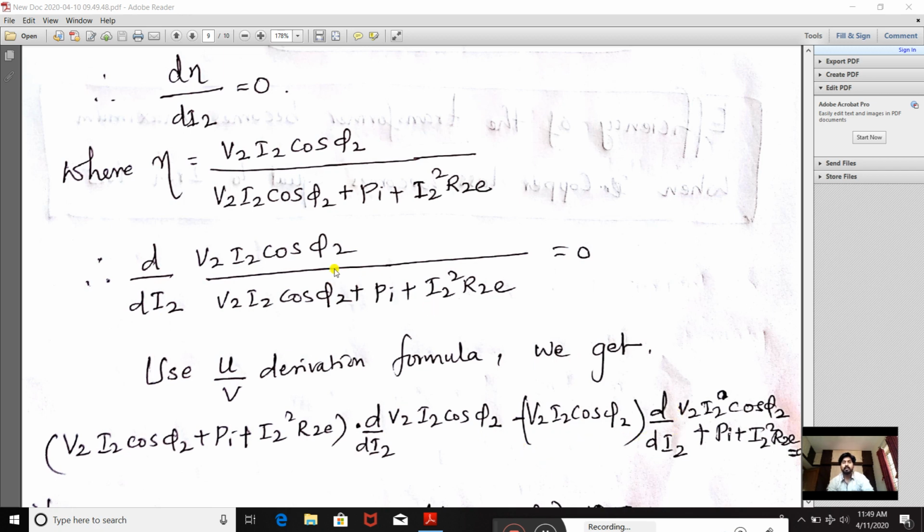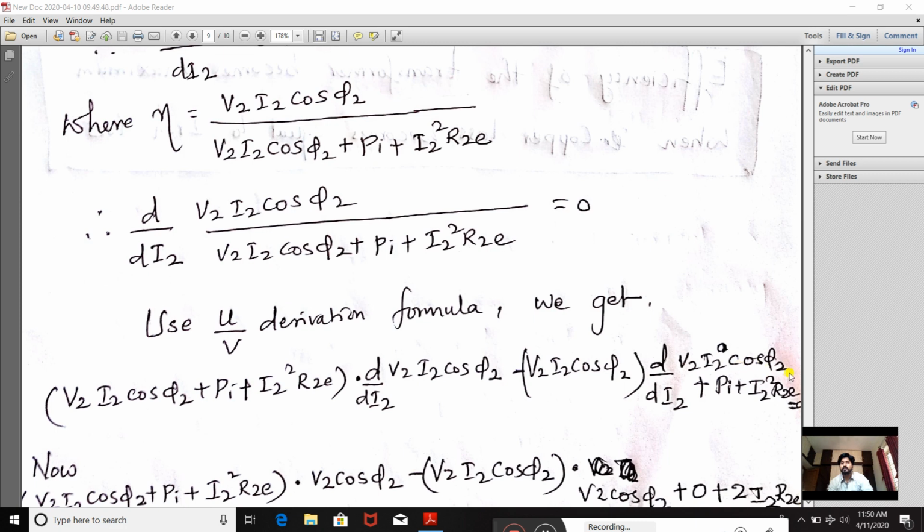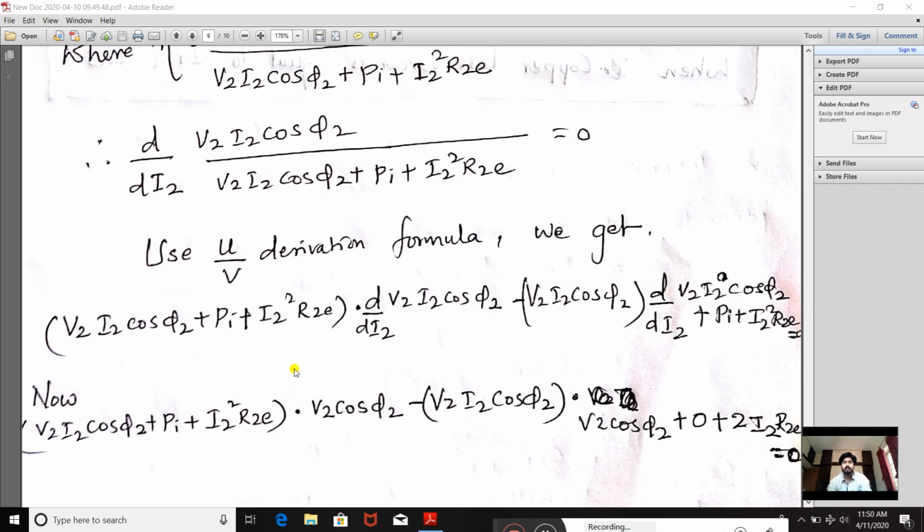Now I am differentiating the full denominator term with respect to I2, so I write V2 I2 cos phi 2 plus Pi plus I2 square R2E, equal to 0 divided by v square. That v square goes to the 0 side, hence there is no need to write that denominator term.